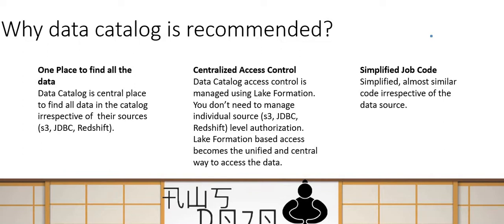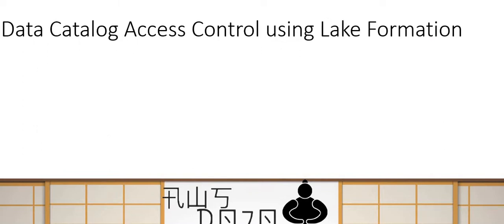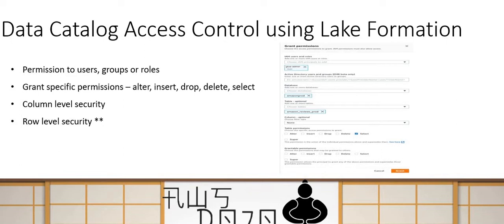Now, since I talked about Lake Formation, I want to quickly touch upon that. So your data catalog access control can be managed using Lake Formation, and Lake Formation actually provides you really in-depth access control over your data. You can provide access to data to the users, to the groups, to the roles.